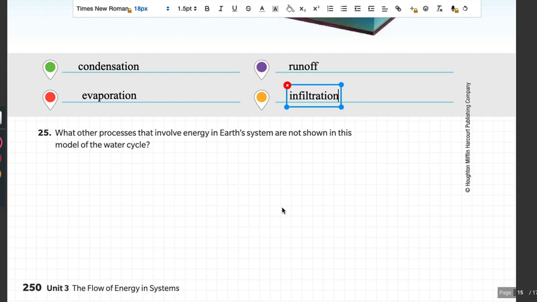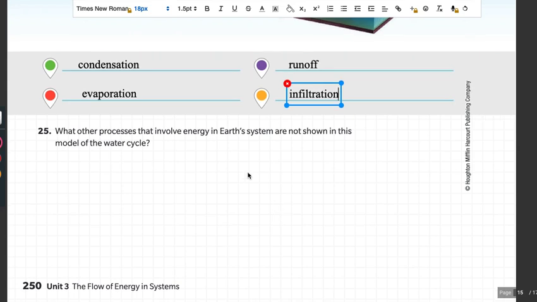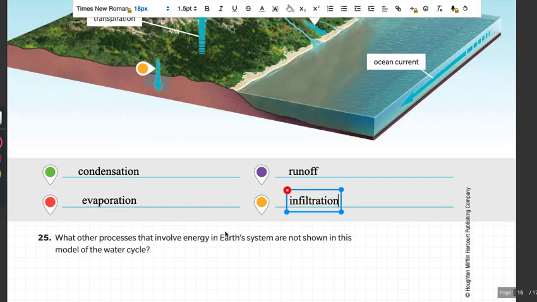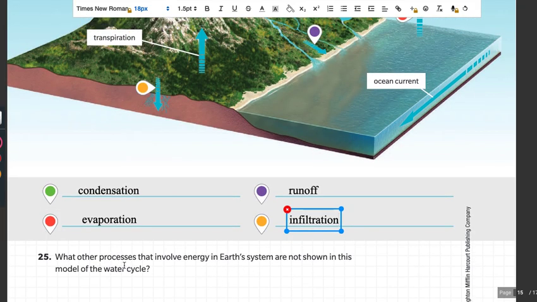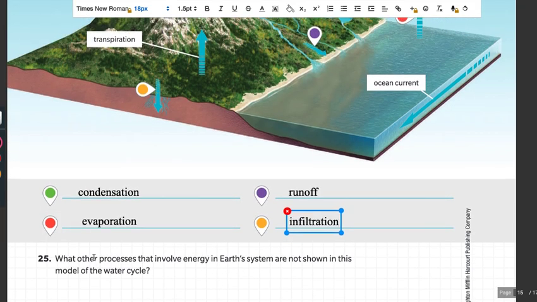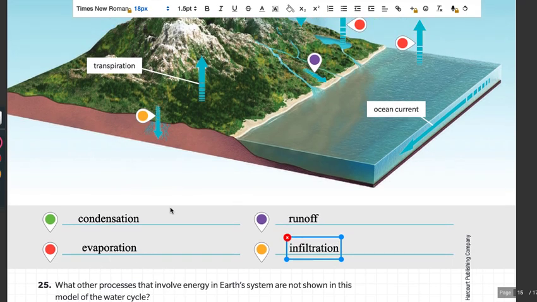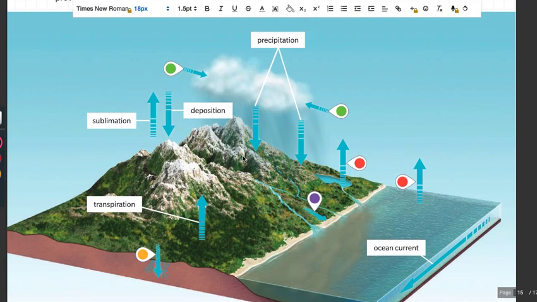What other processes involve energy in Earth systems are not shown in this model of the water cycle? So this is more talking about what other kinds of cycles there are on Earth that aren't shown in the picture. And that would be things like, why does the water evaporate?